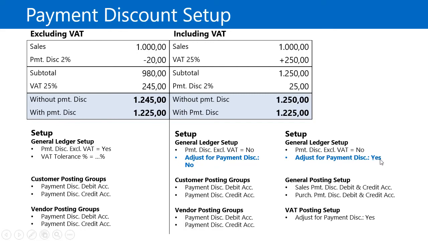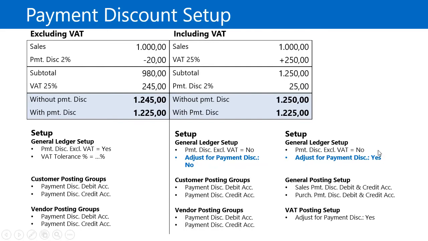In other words, if this is yes, when posting the payment with the payment discount, the system will take out the VAT amount, will post the net amount to the payment discount GL account, and the VAT amount will be posted to the VAT GL account. You see, so that's the difference between these two.